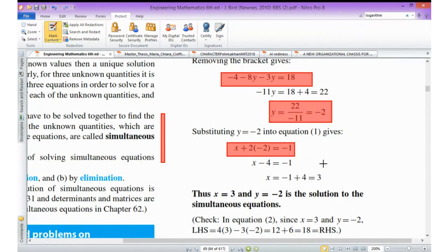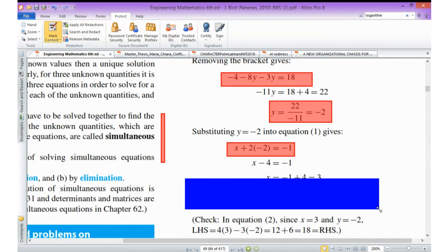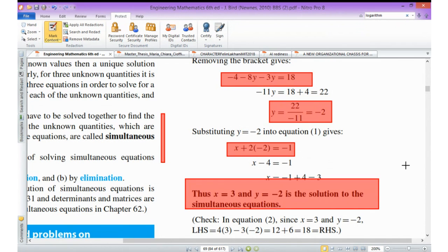So we substitute the value of y into that equation and find our x. Then finally, the values that we have for x and y respectively are 3 and -2. And we've solved our equation appropriately.